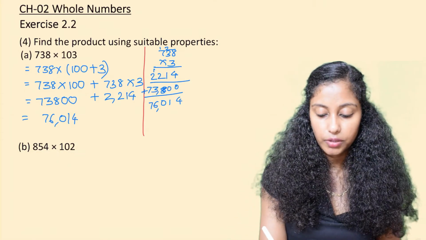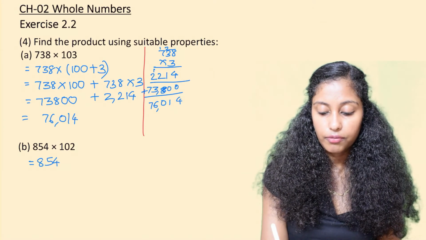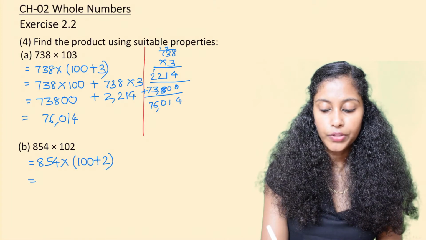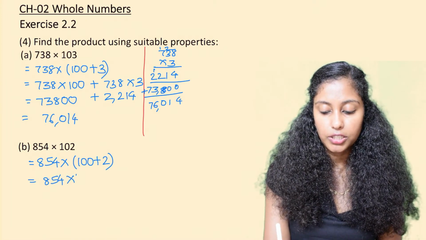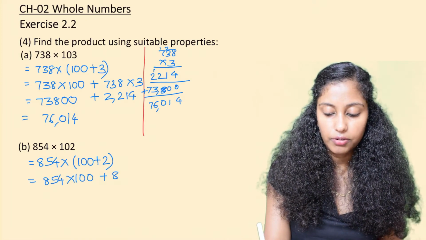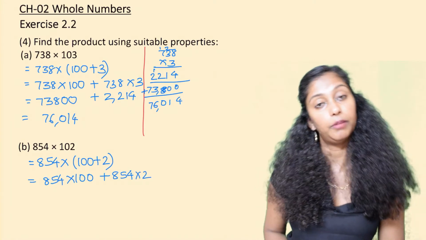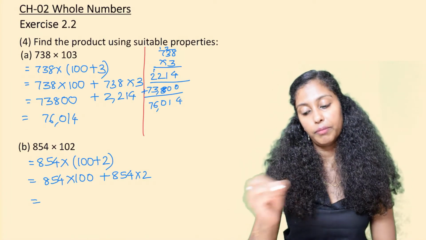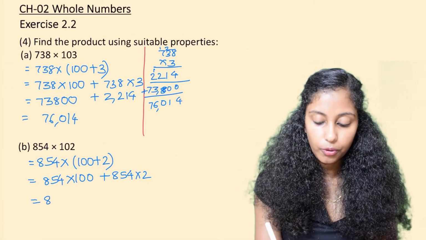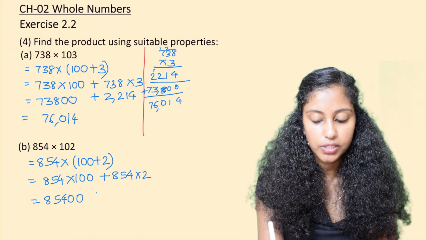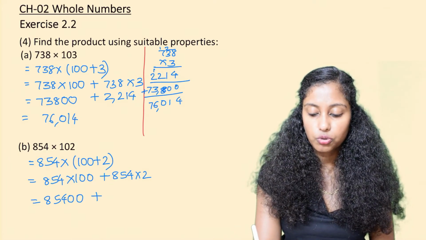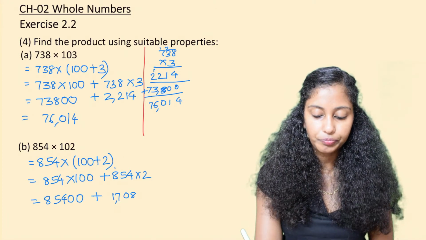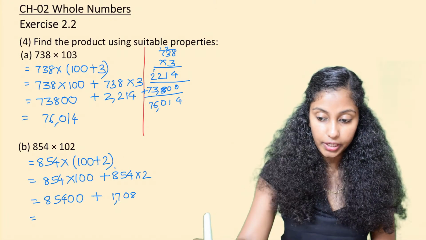So here again what we do is 854 we copy as it is, 102 we break up into 100 plus 2. So 854 multiplied by 100 plus 854 multiplied by 2. This is distributivity property of addition over multiplication. Then 854 ones is 854 and 2 zeros as it is. 854 into 2, 2 fours are 8, 2 fives are 10, carry 1, 2 eights are 16 plus 1, 17. 1708.